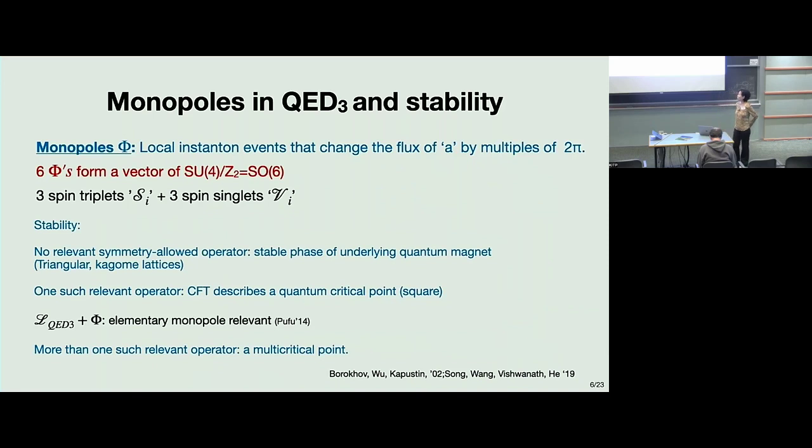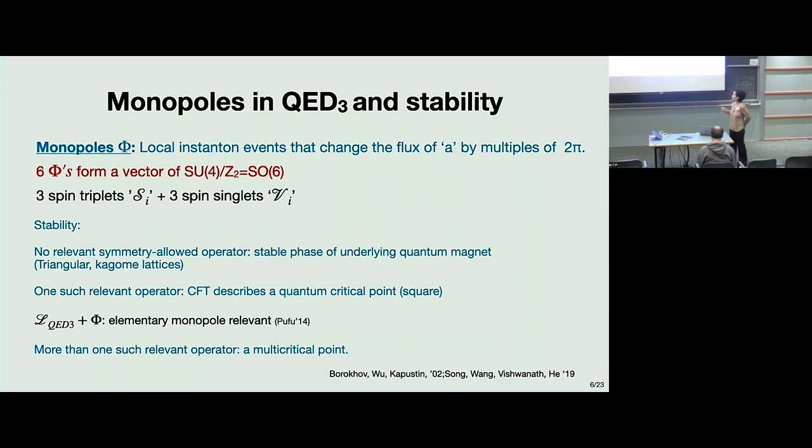In a previous work, we addressed the stability of the Dirac spin liquid concerning the monopole quantum numbers, like what kind of monopoles are allowed in the theory. It is found that on triangular and Kagome lattices, there is no relevant symmetry-allowed monopole operator, so this is actually a stable critical phase.